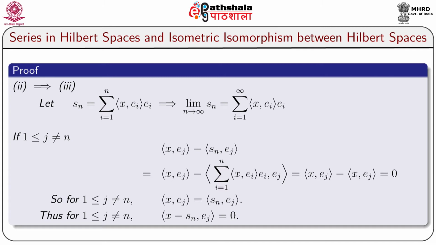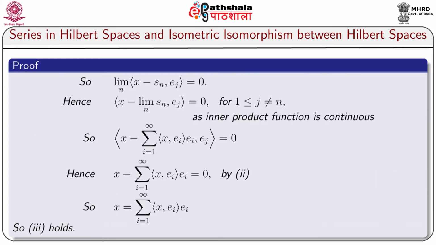So, for 1 less than or equal to j less than or equal to n, inner product x comma ej equal to inner product sn comma ej. Thus, inner product x minus sn comma ej equal to 0. So, limit n of inner product x minus sn comma ej equal to 0. Hence, inner product x minus limit n sn comma ej equal to 0 for 1 less than or equal to j less than or equal to n, as the inner product function is continuous.